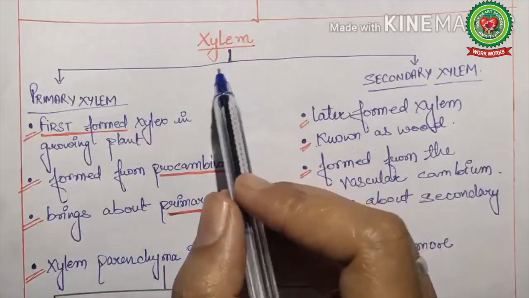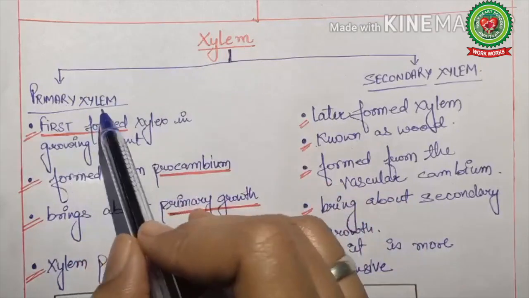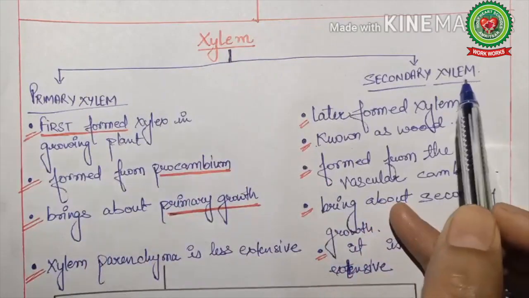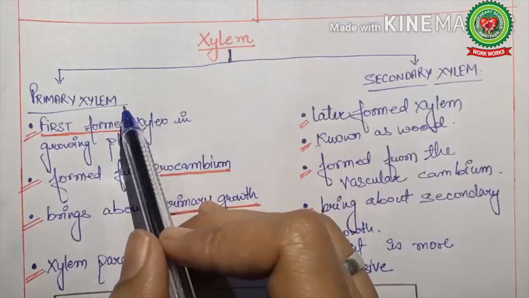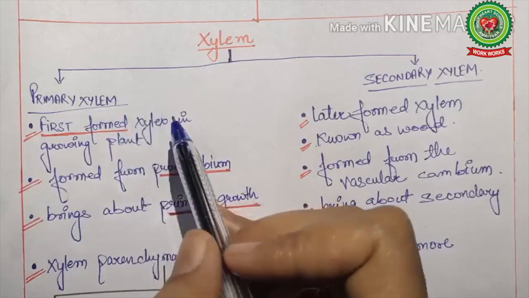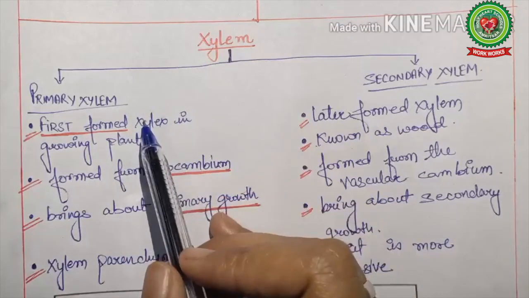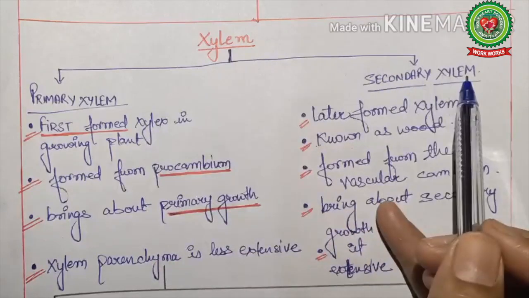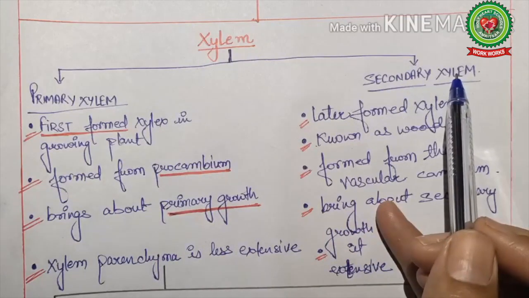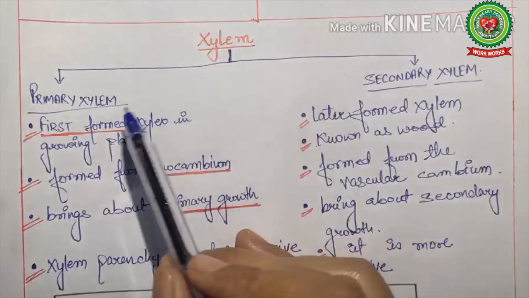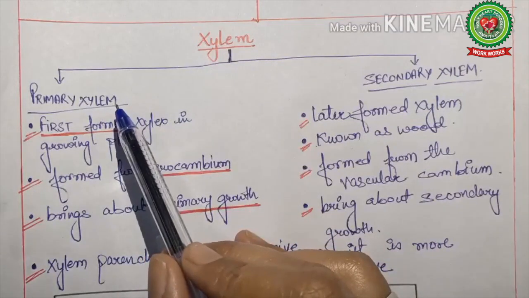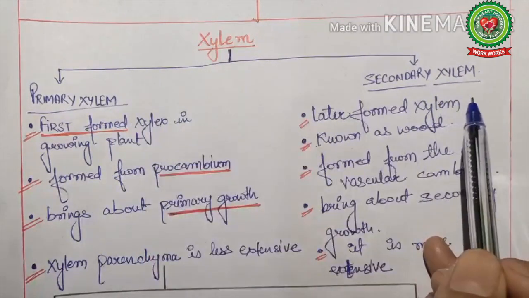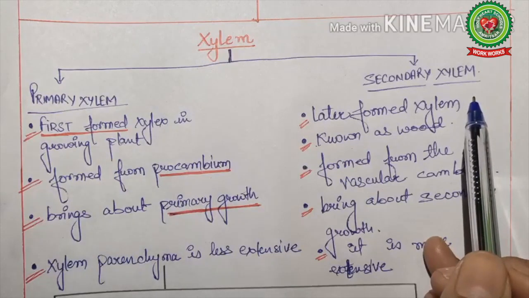Now, next we will discuss the different types of xylem on the basis of their origin. Here, xylem is basically divided into two types, primary xylem and secondary xylem. Primary xylem is the first formed xylem in growing plants, whereas secondary xylem is formed later from primary xylem only. Primary xylem is formed during primary growth, whereas secondary xylem is formed during secondary growth.